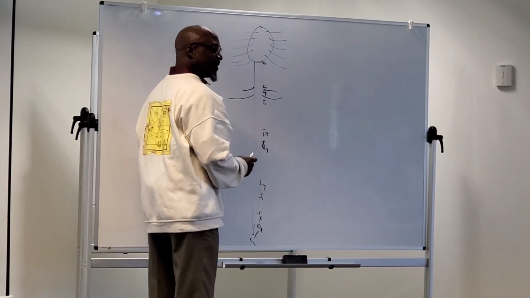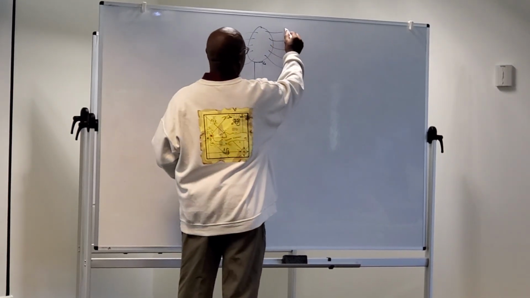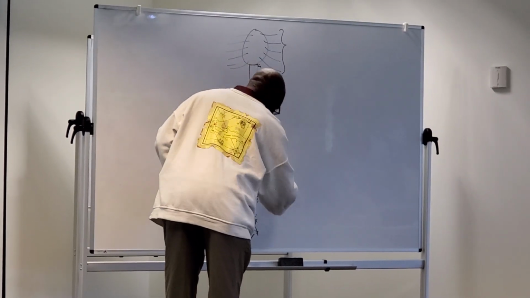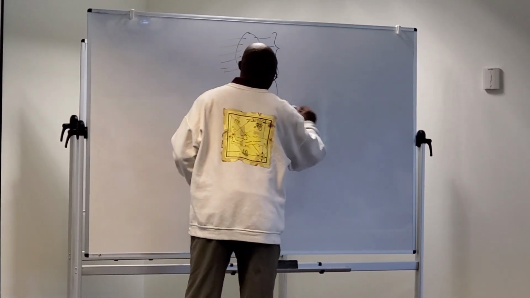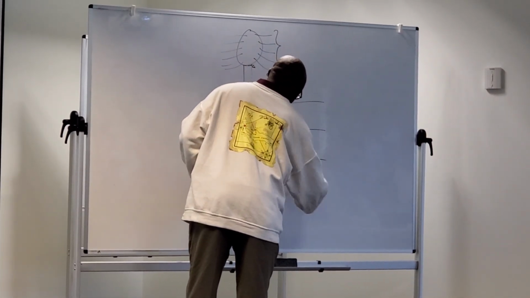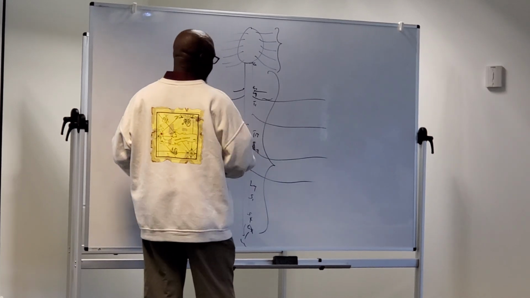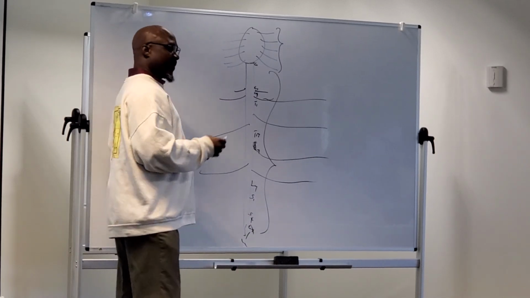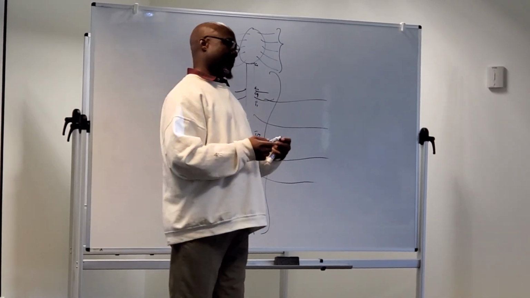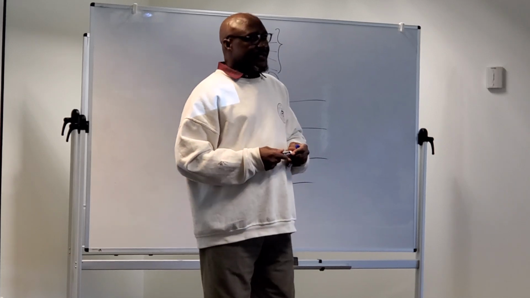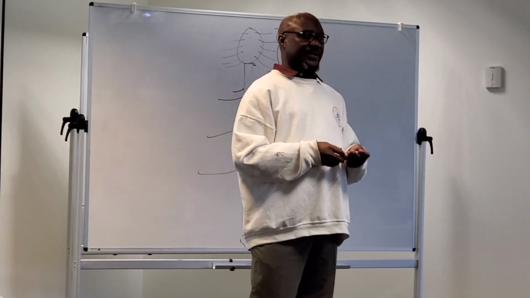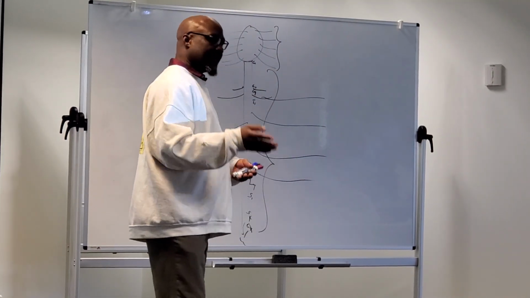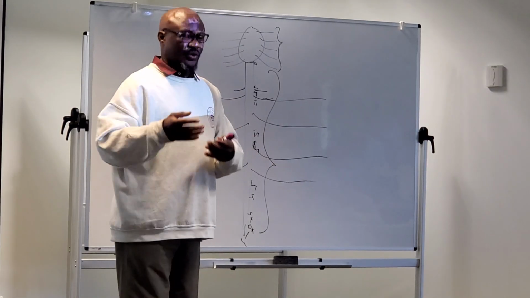So this model explains all the functions of the cranial nerves and all the functions of the spinal nerves as they come out. But one thing is clear: the brain is made up of different parts, and these nerves come out from different parts of the brain, supplying different parts of the head region as sensory and motor.